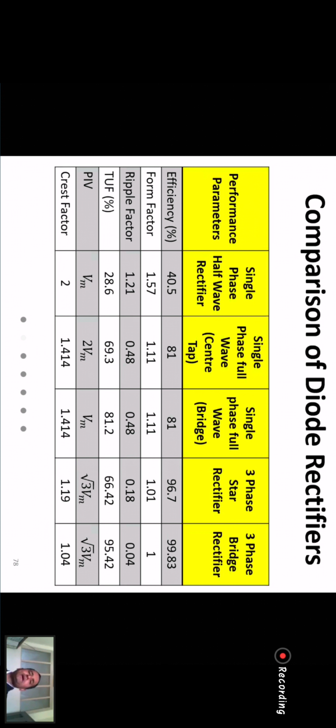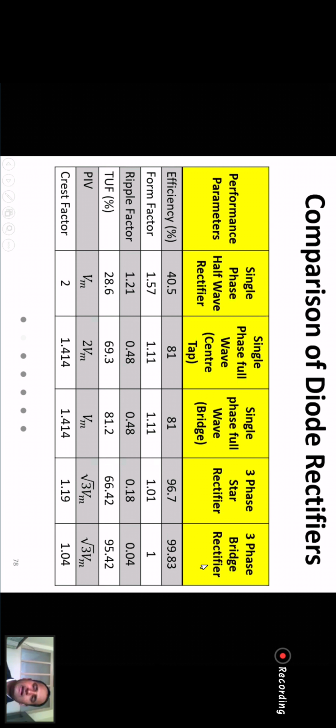This is the comparison of the diode rectifiers: single phase half wave rectifier, single phase full wave, single phase full wave bridge, center tap type, three phase star rectifier, and three phase bridge rectifier. This is just to show you the efficiency. For the three-phase bridge rectifier, the efficiency is 99.83%, compared with the half-wave rectifier, which is only 40%.